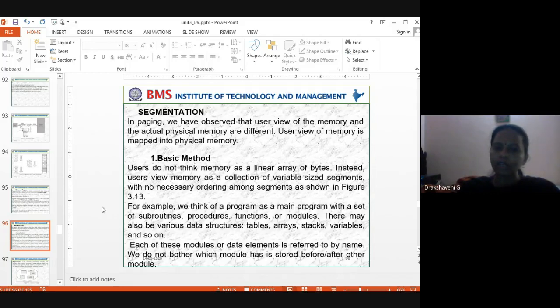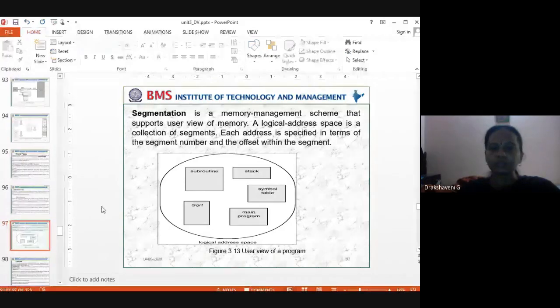We do not bother which module is stored before or after another module. Segmentation is a memory management scheme that supports the user view of memory. A logical address space is a collection of segments. Each address is specified in terms of a segment number and the offset within the segment.